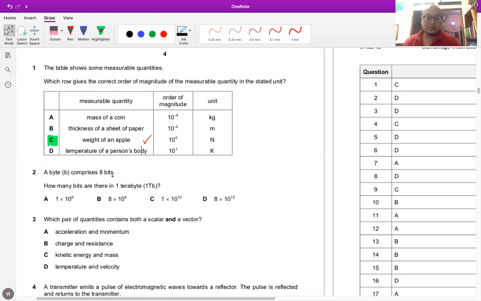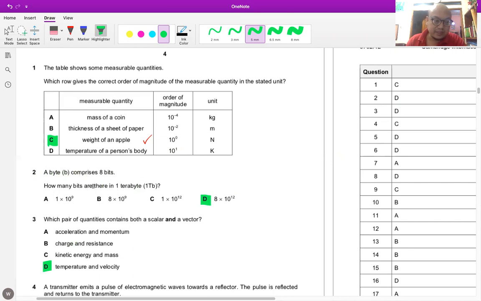Now question 2 we have answer D, and number 3 is D also. Let me check numbers 2 and 3. A byte or B compares it to bits.